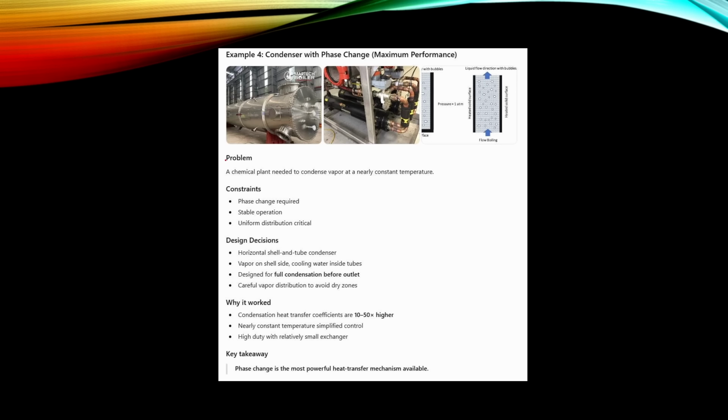In this example a chemical plant needed to condense vapor, and a shell and tube heat exchanger is a very good solution for this kind of application. We put vapor on the shell side and cooling water inside the tubes.